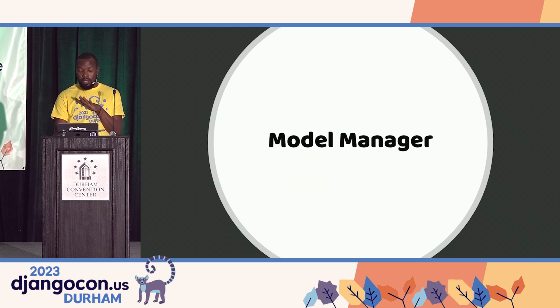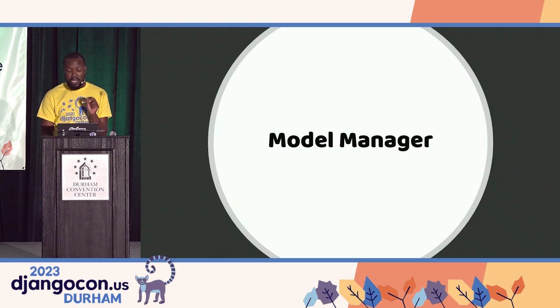So just to remember, if you don't know what a manager is, that's the query section of your model. The dot objects that you see that come with a model, that's the default manager. And in this case, we are not going to change that object name.